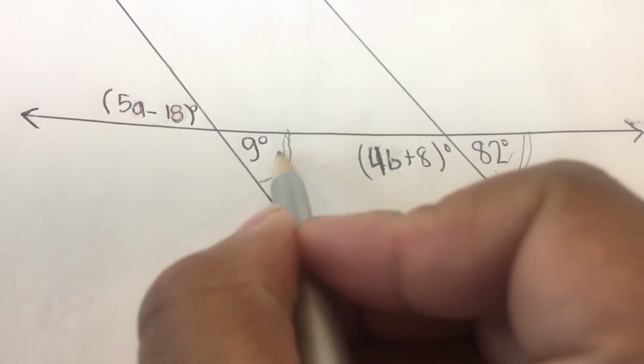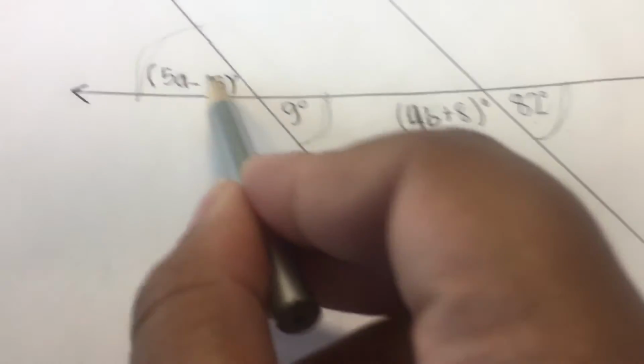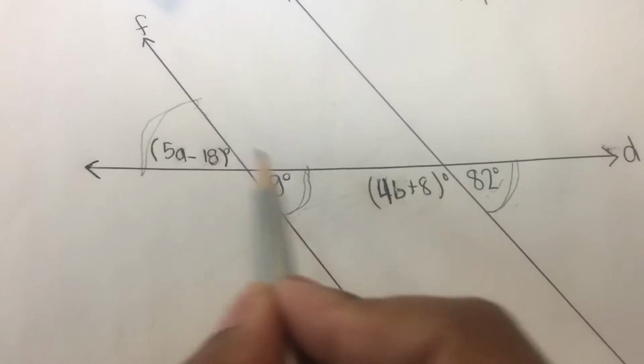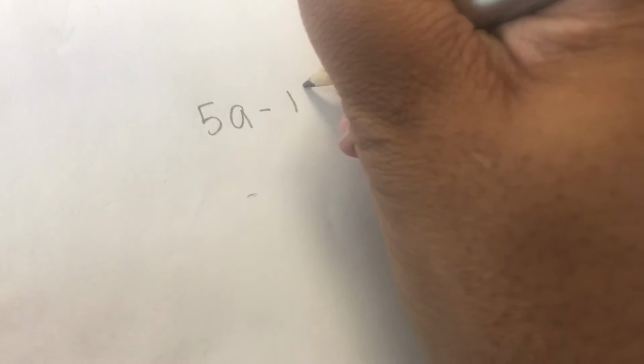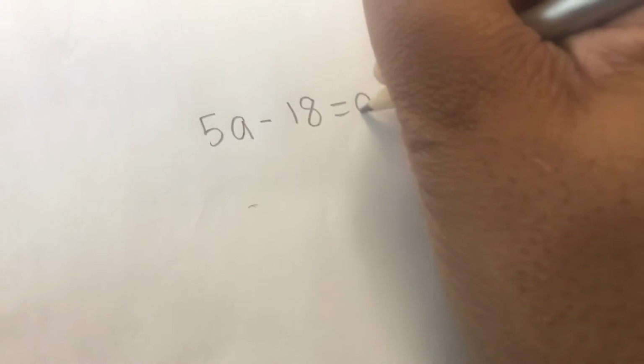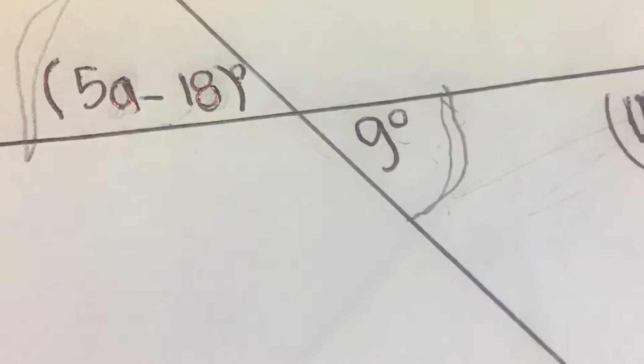I also know that G and this angle are vertical to each other. Vertical angles are equal, so I can say that 5A minus 18 equals G. Anytime there's an intersection, the angles across from each other are equal.